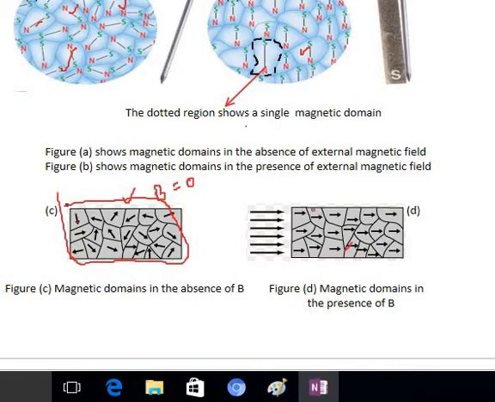In this case, we have shown the magnetic domains as arrows, whereas in the above figures we have shown the magnetic domains from the north and south poles in the form of small tiny magnets. Also, these magnetic domains behave exactly like tiny magnets.